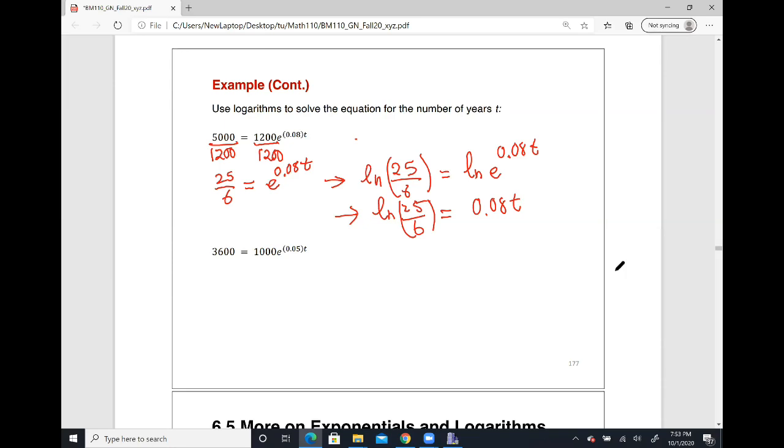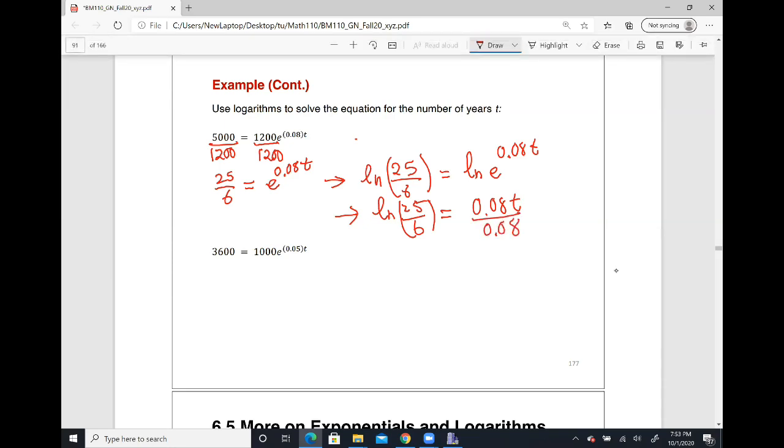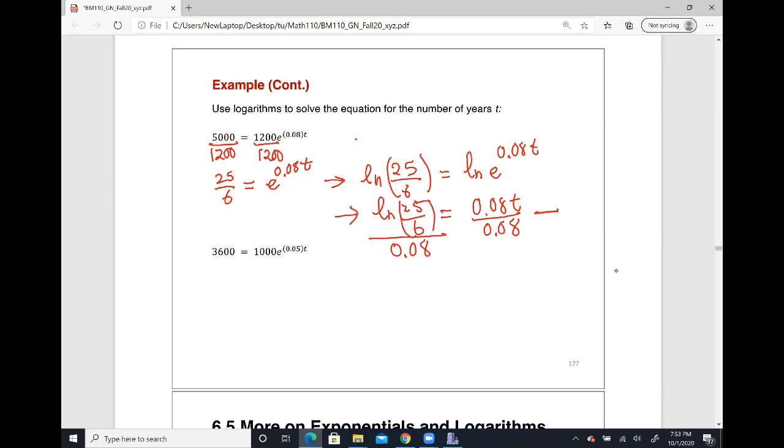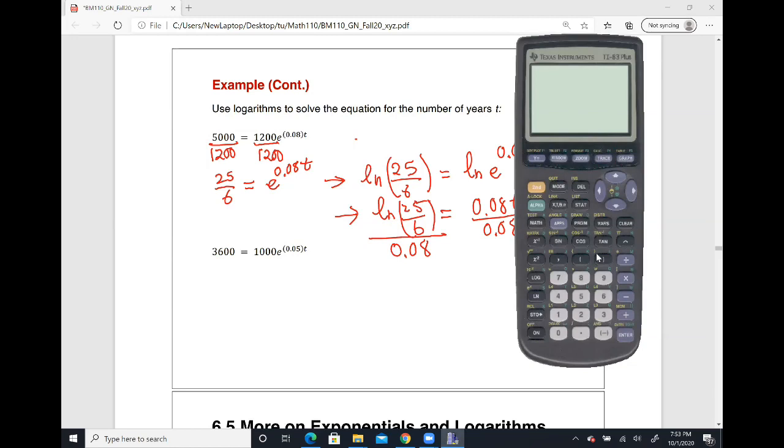Now you just need to divide by 0.08 on both hand sides. So then you will get t equal to this, right? So let's use a calculator this time. We have ln of 25 divided by 6 is going to be 1.427 something over here.